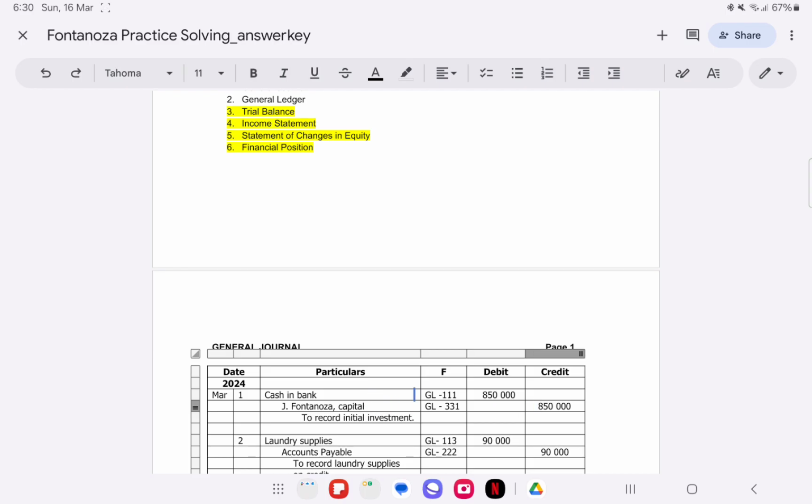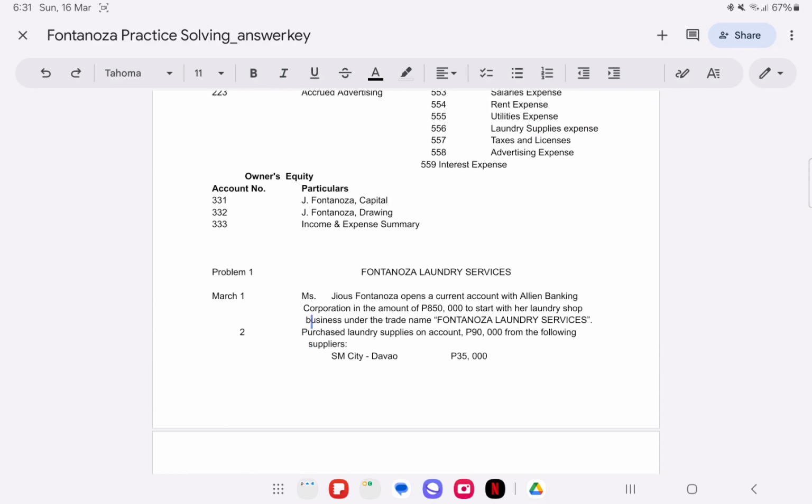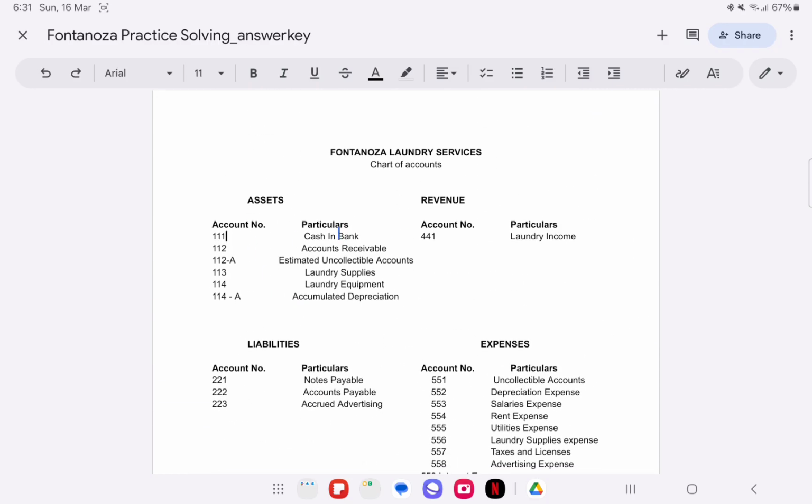Do not forget to write the reference number, GL, which came from the chart of accounts. GL is general ledger, and 111 is the account number of cash in bank. Your value parted with, or your credit, is J Fontanoza, Capital.